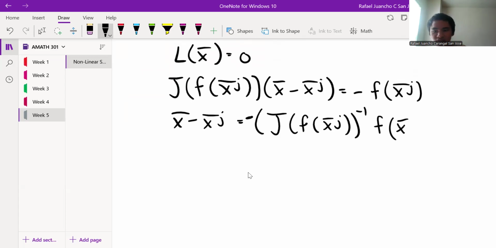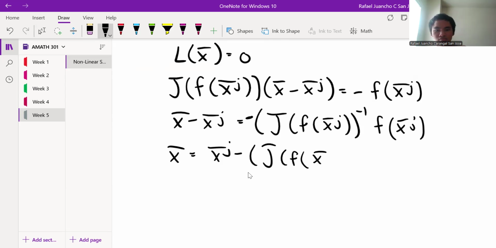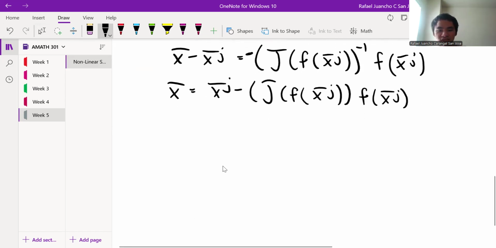So there we go. Right, this is to the -1. I could put this as the denominator, doesn't matter. And then from there, now we have our solution. So our next x is basically just this thing.